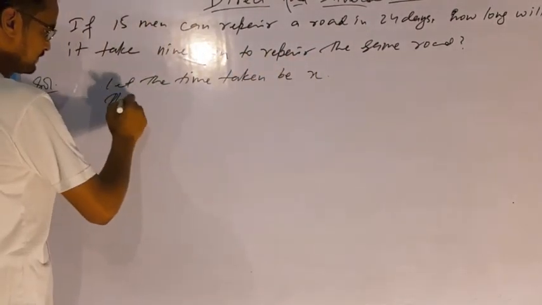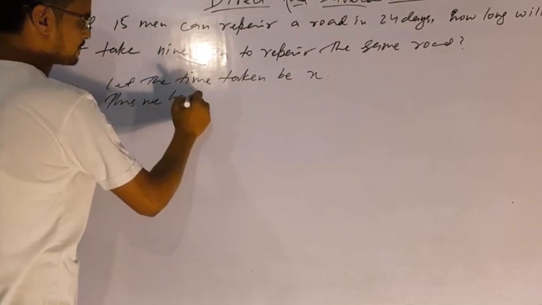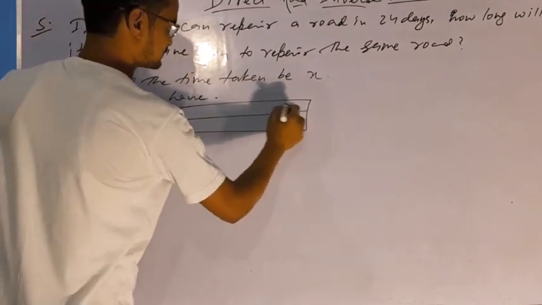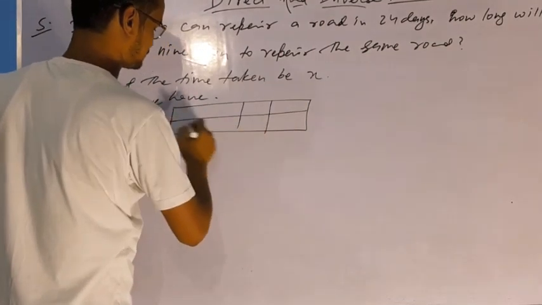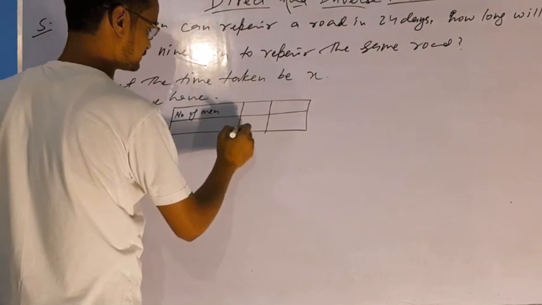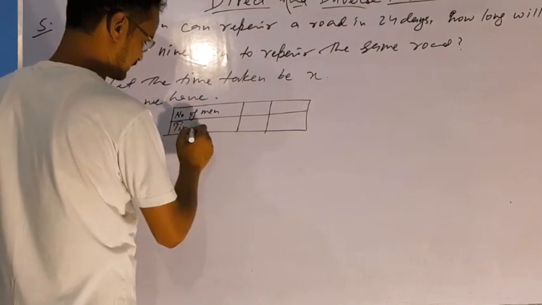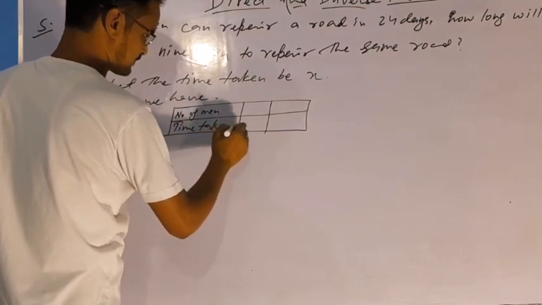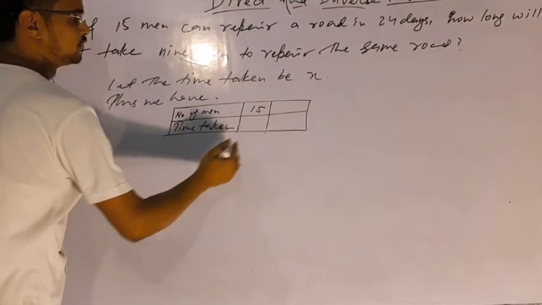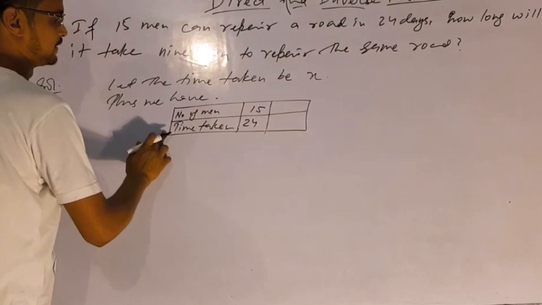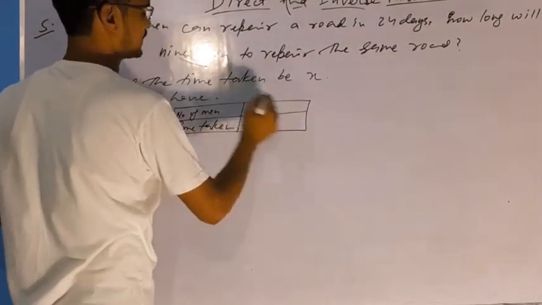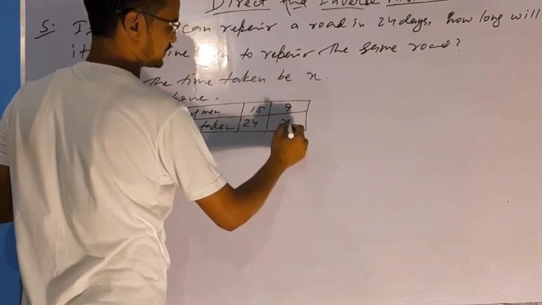Thus we form a table. Number of men, time taken. 15 men can finish the work in 24 days. We have taken how much time? Then it is 9 men. 9 men we have written.